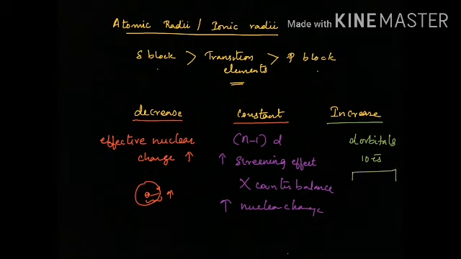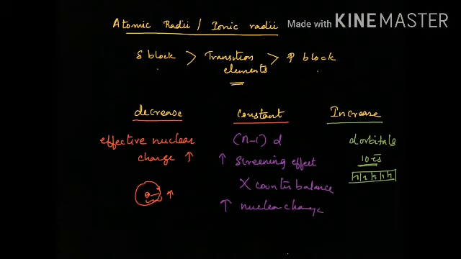There are 5 orbitals, so first all the orbitals will get filled, and only then will the pairing take place. So it can accommodate a maximum of 10 electrons, and a lot of electrons are there in the d subshell.